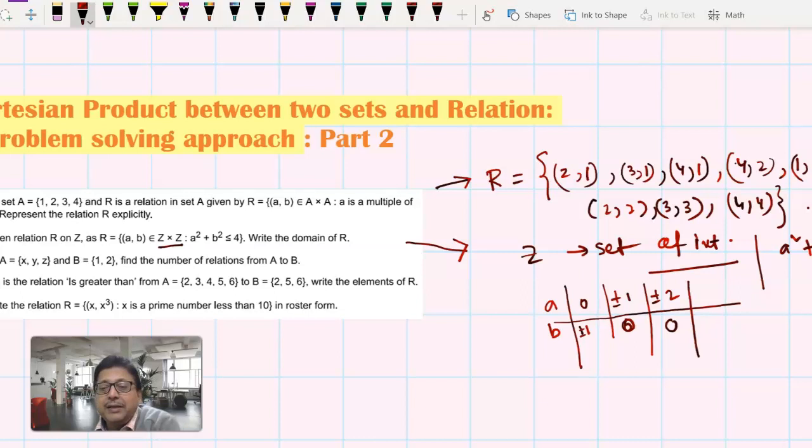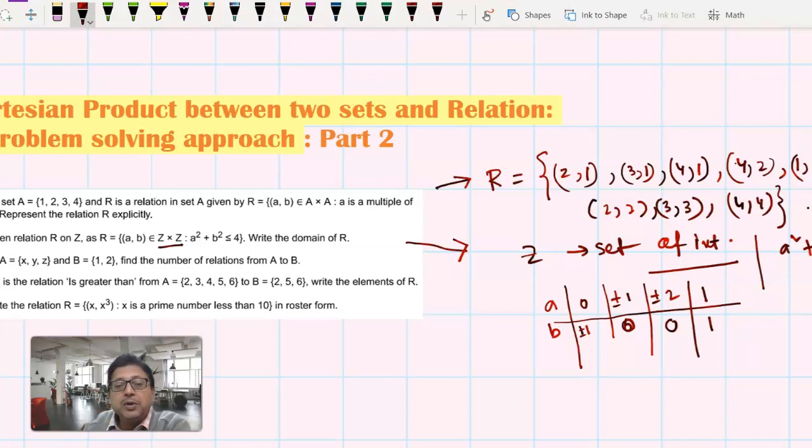Can you take any other element? Can you take (1, 1) here? (1, 1) not taken. Either 0 or plus minus 1, 0, plus minus 2, 0. Then you can take the value of a as 1, b as 1. But you cannot take one of them as root 2. If you say a equal to root 2 and b equal to root 2, then it is not possible, because root 2 is not an integer.